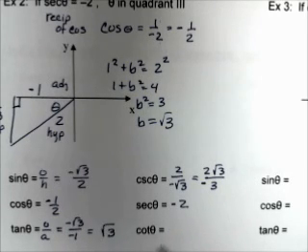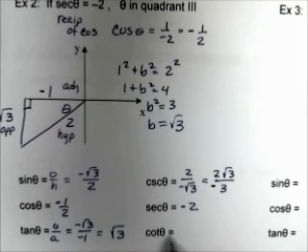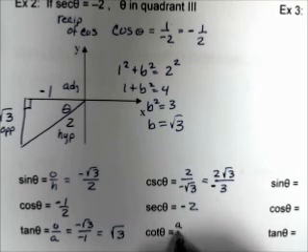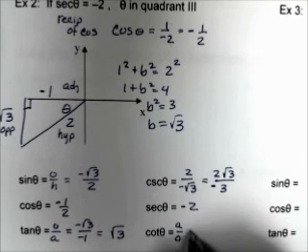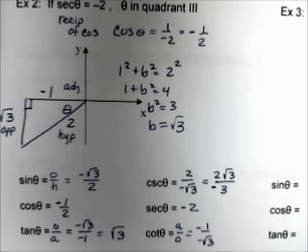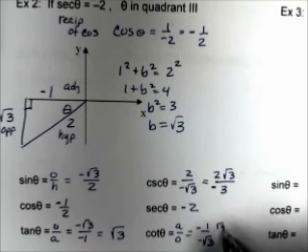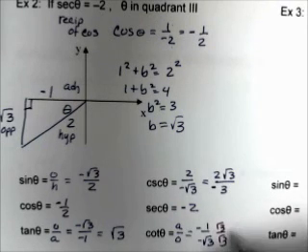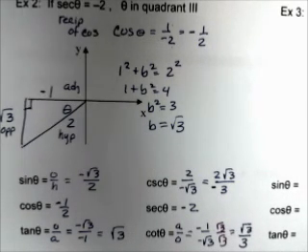And cotangent of theta, adjacent over opposite, negative 1 over negative square root of 3. Again, if we rationalize the denominator, we'll multiply by square root of 3 over square root of 3. This is equal to square root of 3 over 3. So given the one trig function value, we found the remaining 5.